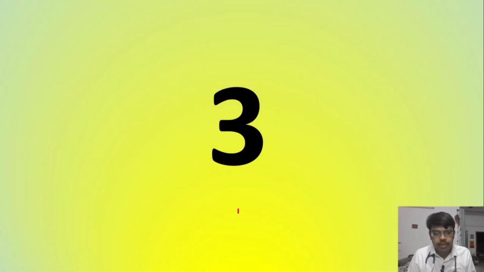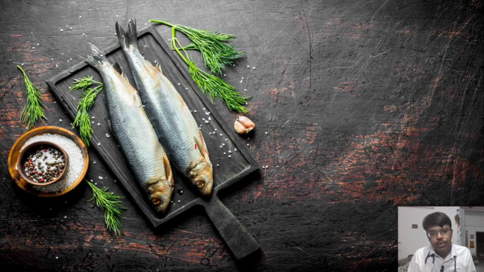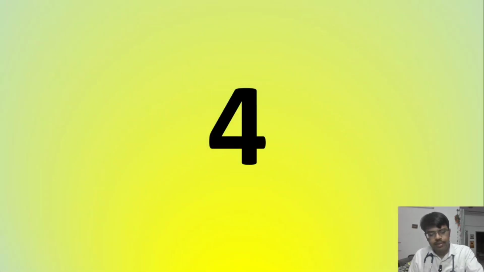Coming to the third factor which increases the uric acid level: excessive intake of seafood, especially fish, because this contains a high amount of purine. A high purine diet increases the uric acid level above the normal quantity. So if you are having hyperuricemia, better to avoid fish till the reversible factors are treated, till the gout is settled.